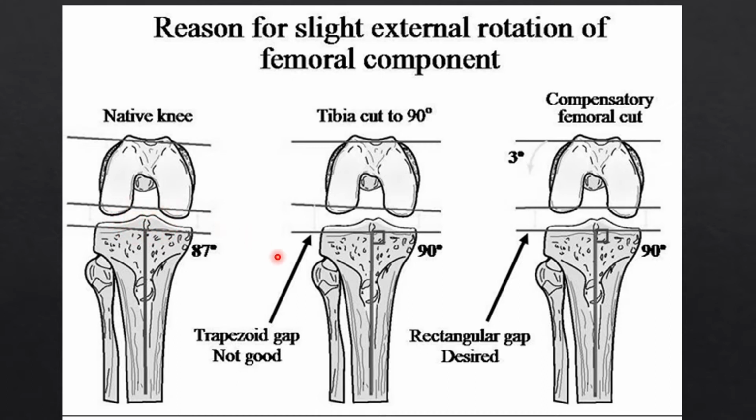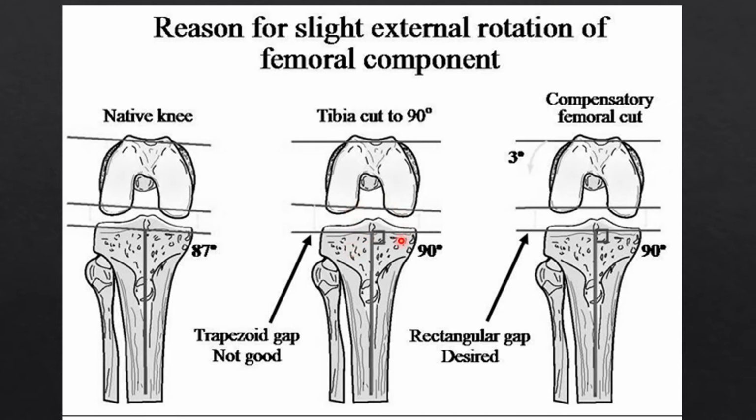But usually in TKA, we cut the proximal tibia perpendicular to the mechanical axis of the tibia, and when we cut the posterior part of the condyle of the femur along the joint line or along the posterior condylar line, then we get a trapezoidal gap.